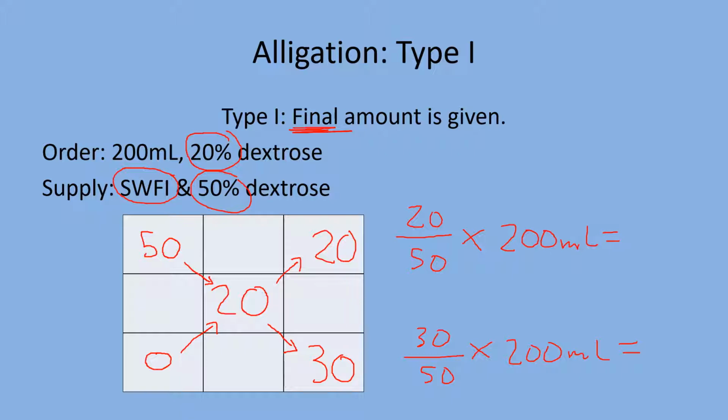All right, what'd you get for the top one? Yep, 80 mLs. And the bottom one's going to be 120 mLs.